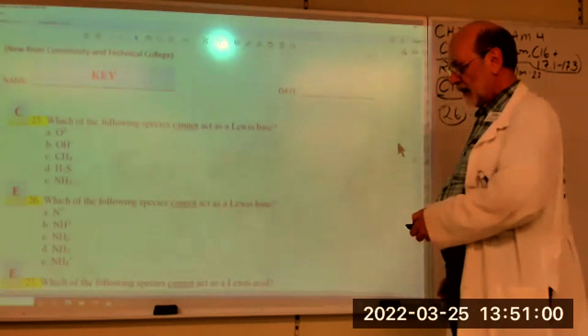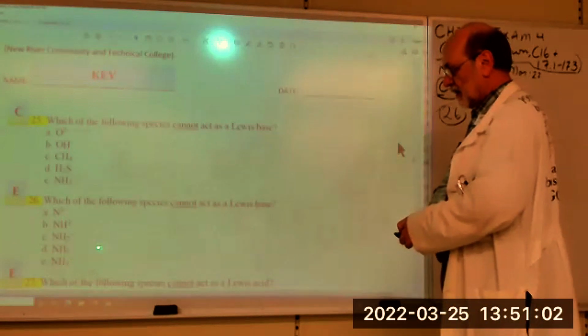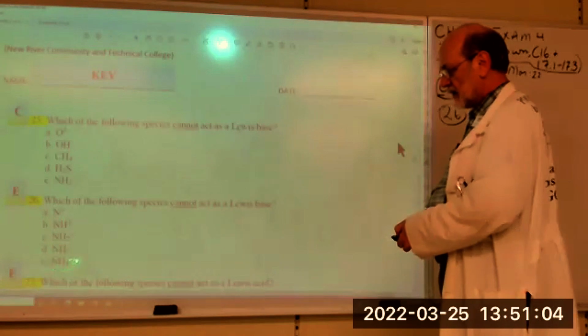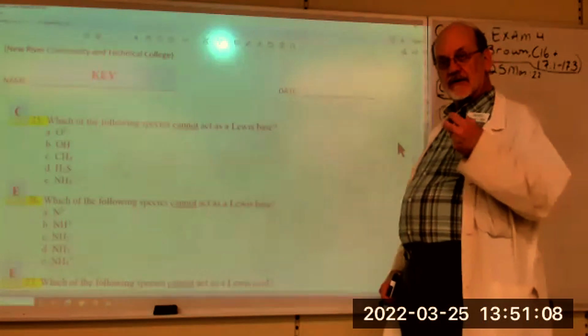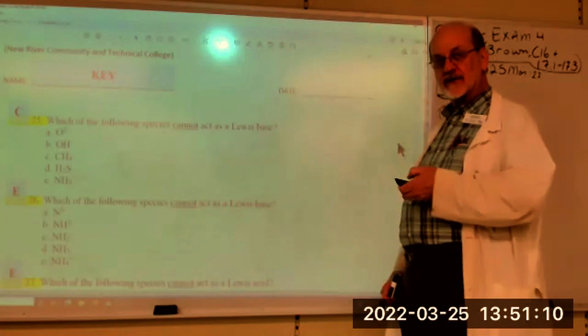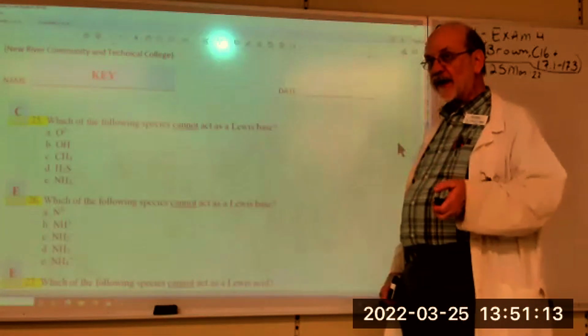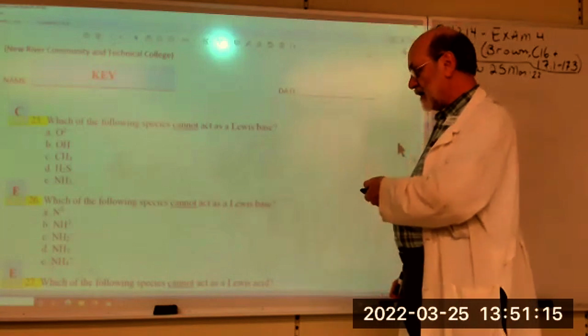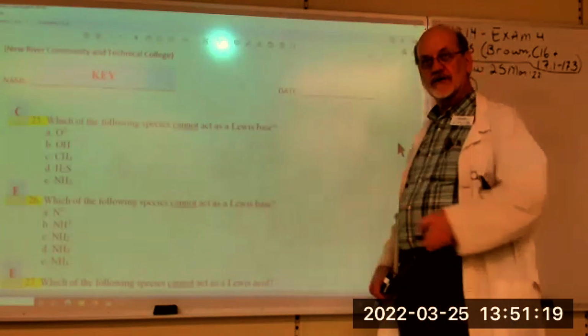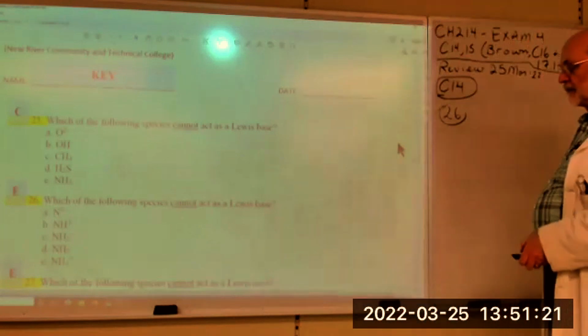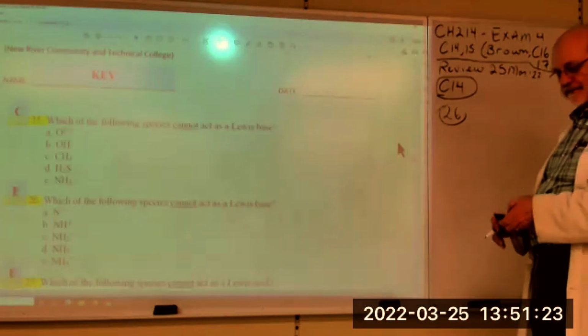We just showed that one. But this one, ammonium, has no donatable electrons because it's got 4 bonded hydrogens on there and no lone pairs. In fact, it would be better as a Lewis acid because of that charge. So that's why easy answer for this one.